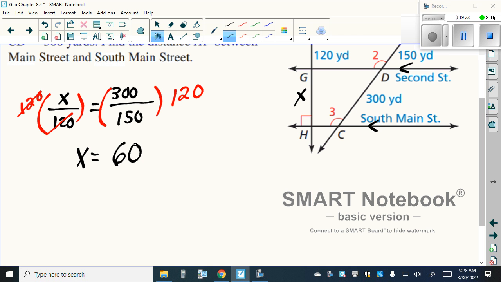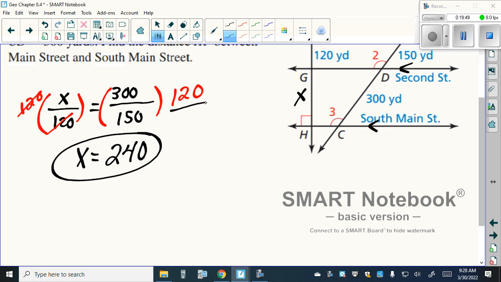I think it needs to be bigger. 240. Yeah. And I say that for 2 reasons. One, if we look at the fraction 300 over 150, the numerator is bigger than the denominator, yes? So whatever number we get when multiplying it by 120 should go up.